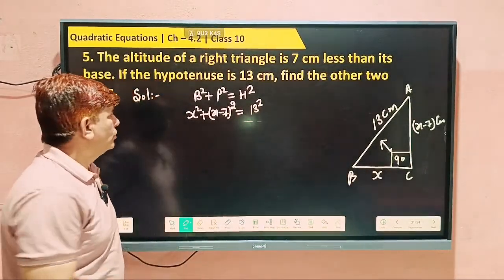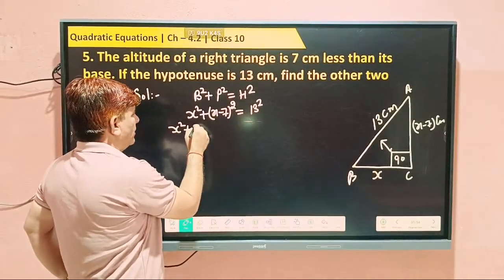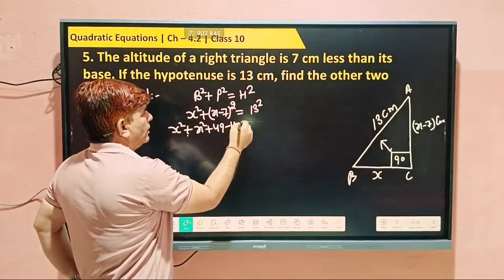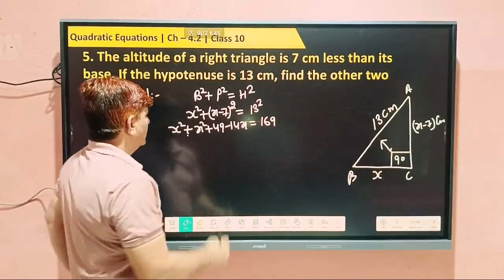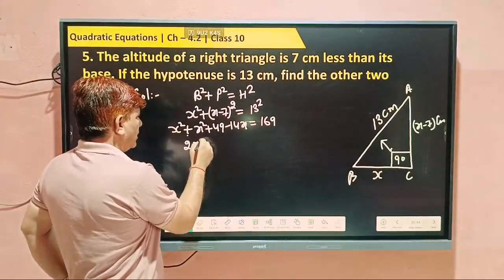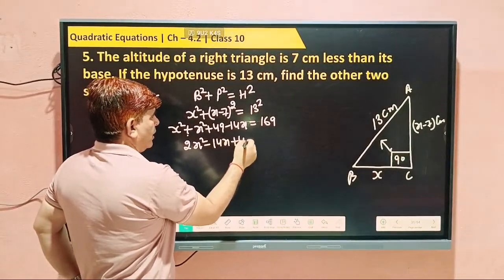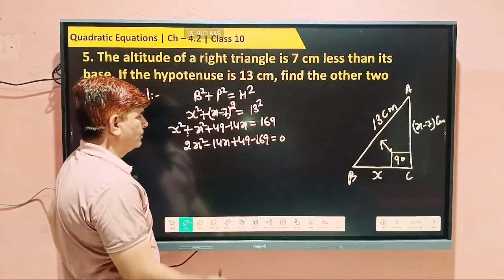So it becomes x square, then a square plus b square minus 2ab is equal to 169. So 2x square minus 14x plus 49 minus 169 equal to 0.